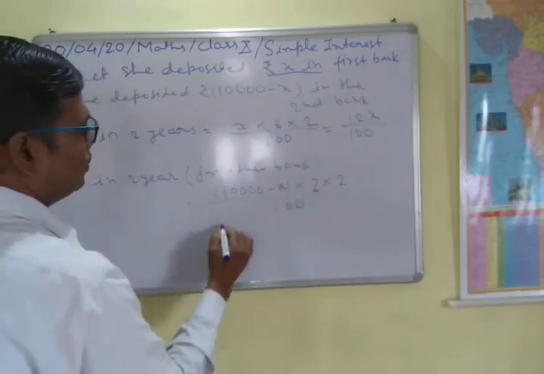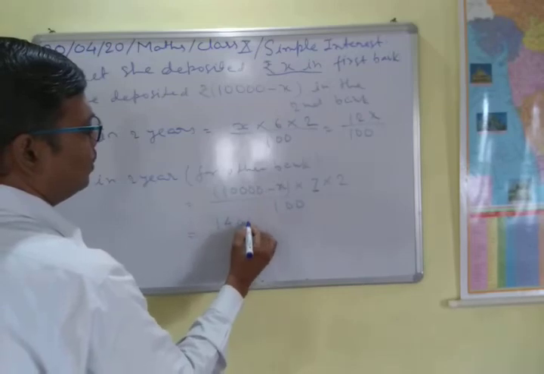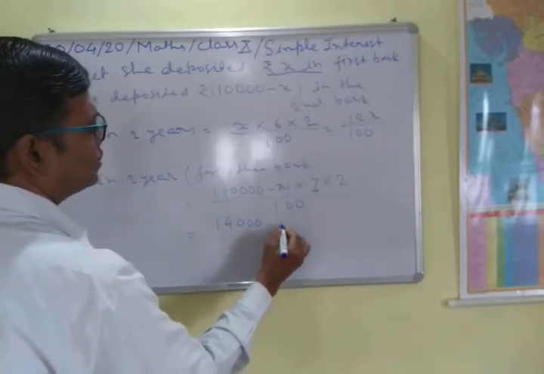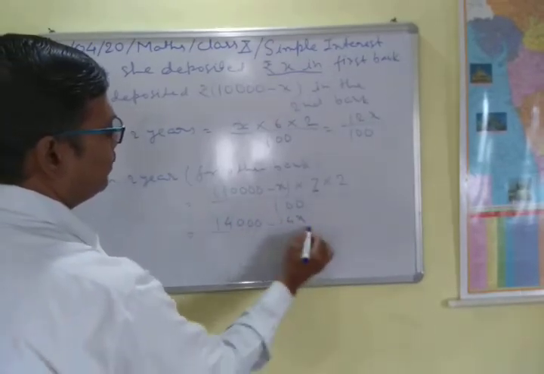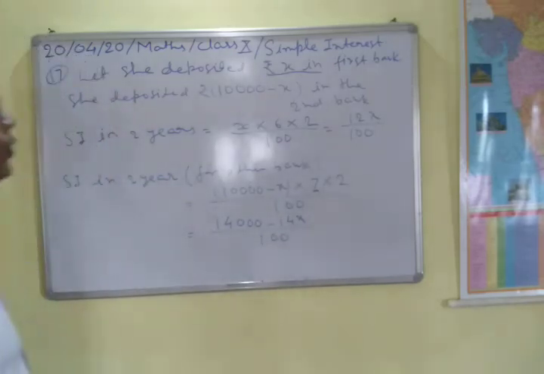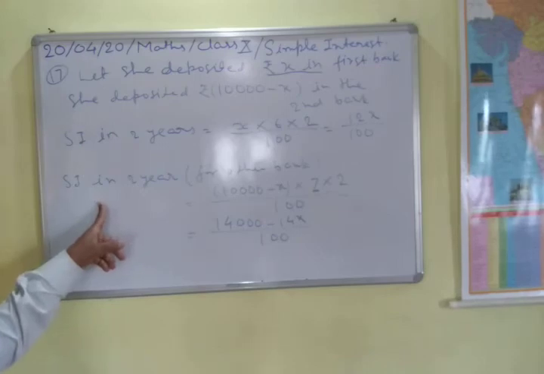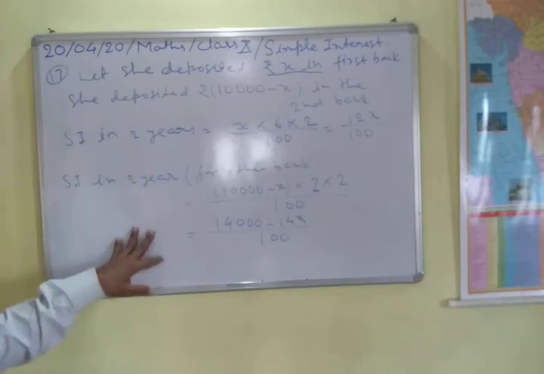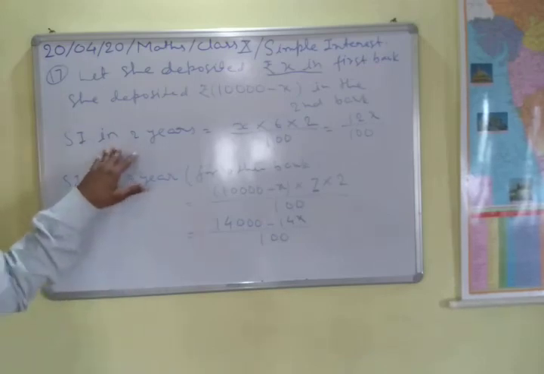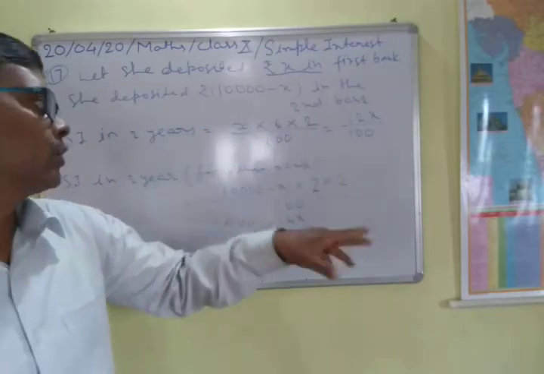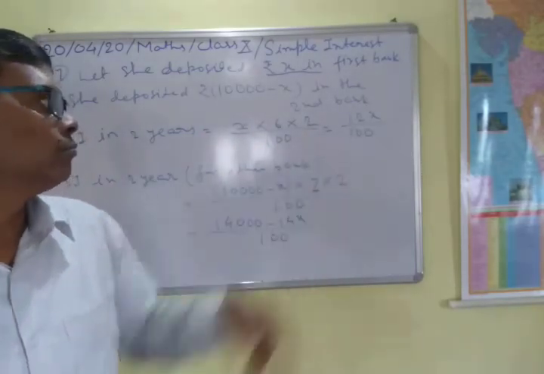So it will be 14,000 minus 14x by 100. So this is the simple interest in depositing the money in the second bank, and this is the simple interest in depositing the money in the first bank.